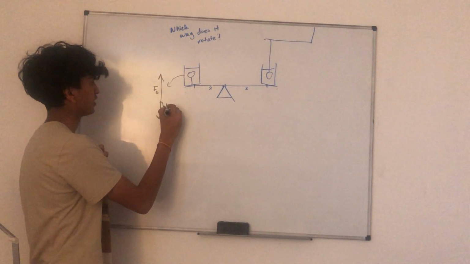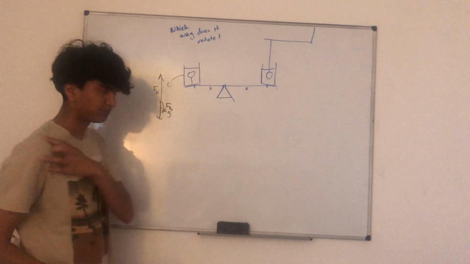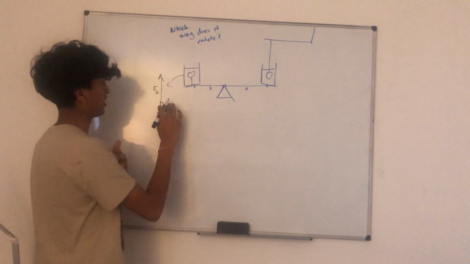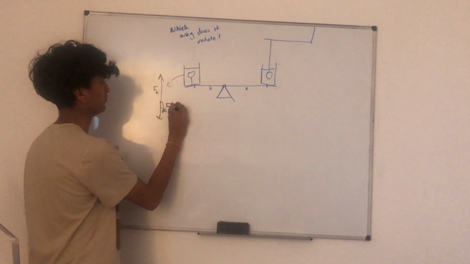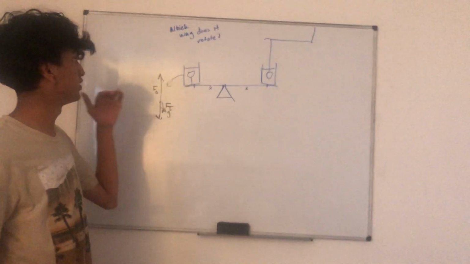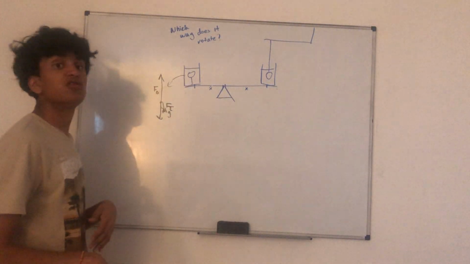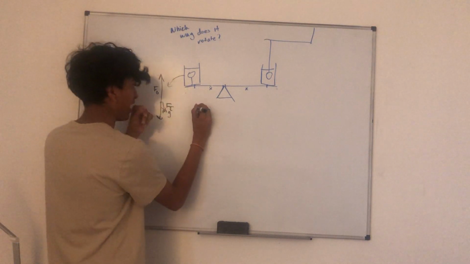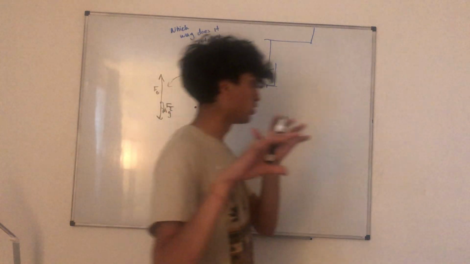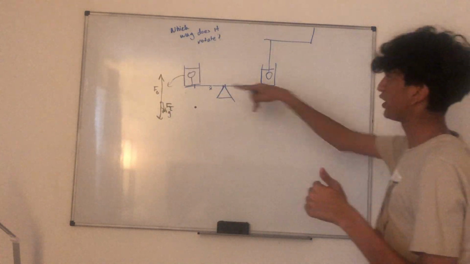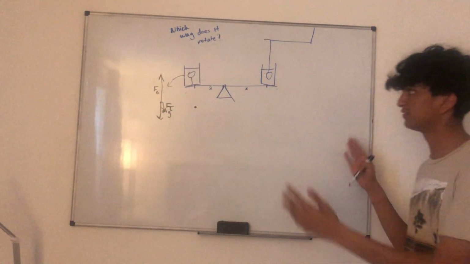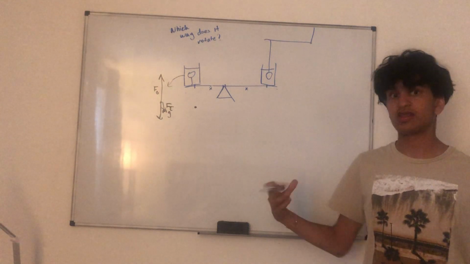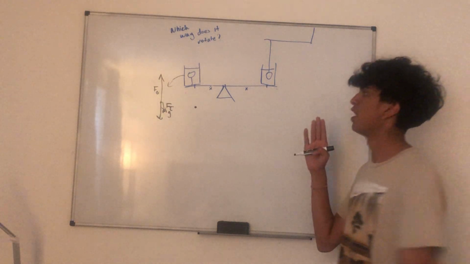There's also going to be a buoyant force. Or not a buoyant force, I'm so sorry. This is a tension force pulling down on the ball. So now, if we were to draw an FBD of the beaker, I'm going to ignore the weight of the beaker and the weight of the water inside because they're the same, so that shouldn't have any effect on our final answer.